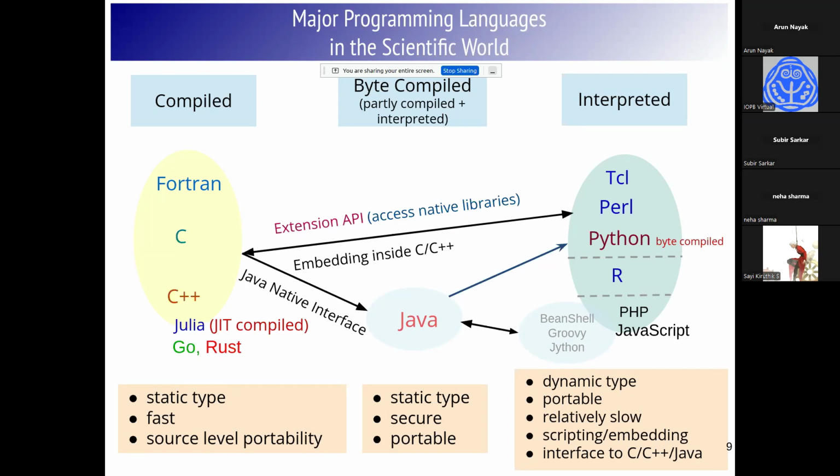That means for data frames, pandas is one data frame, polars is another data frame. So Python is using both, and slowly we'll see that polars will be replacing pandas for big data analysis. Okay, so that completes our survey of the computing languages in the scientific world.